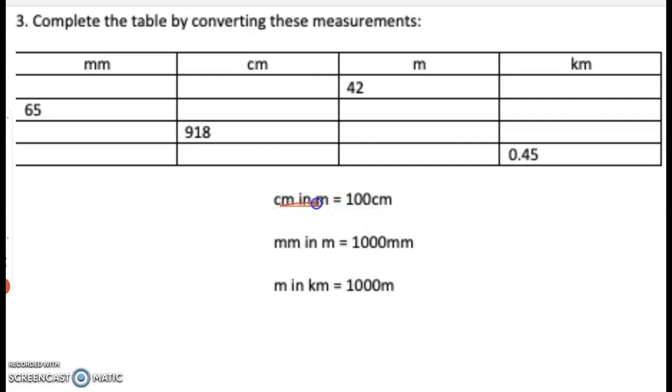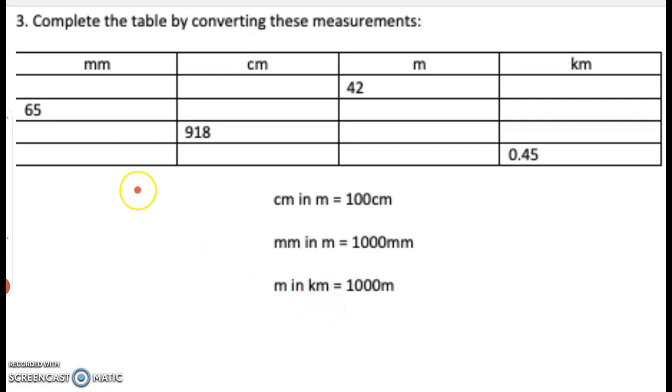For centimeters, to convert them into meters is 100 centimeters. So 100 centimeters is a meter. And 1,000 millimeters is 1 meter. And 1,000 meters is 1 kilometer.